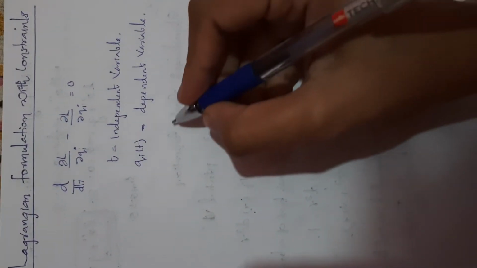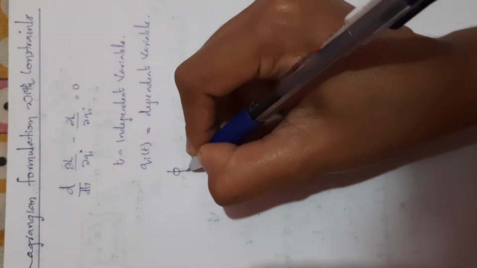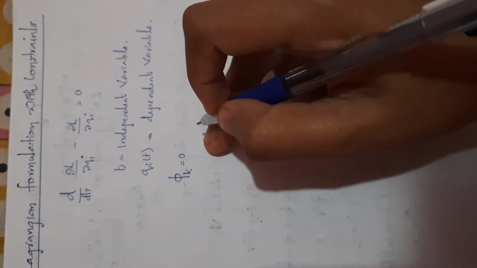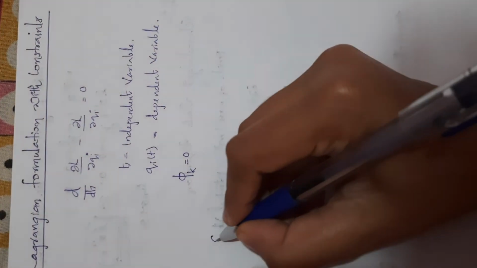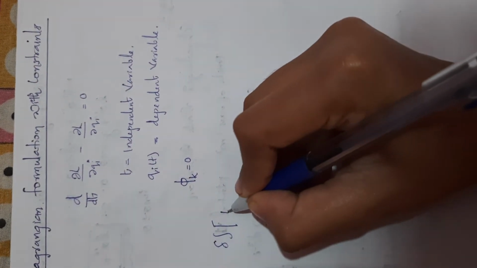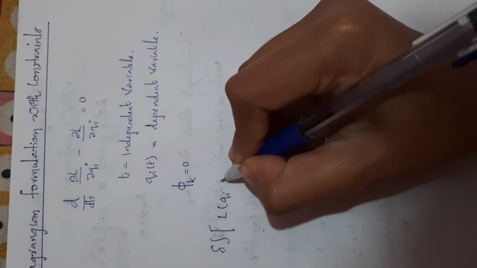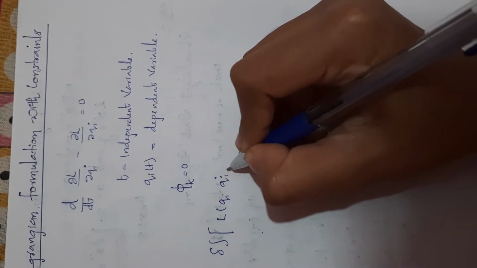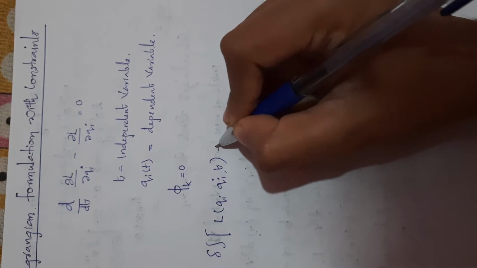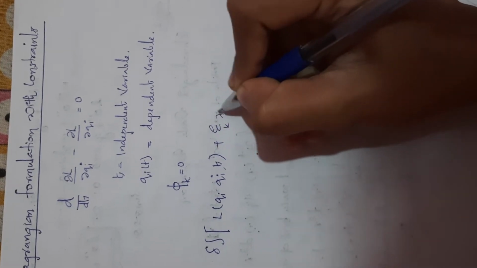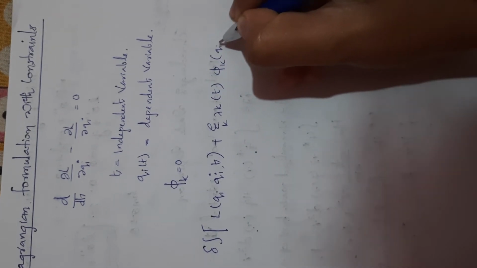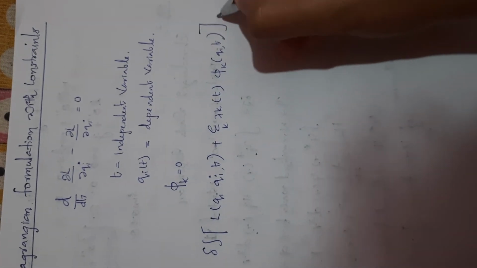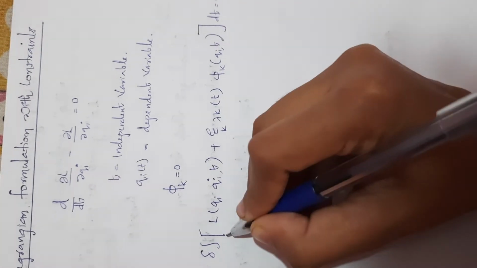Then, in the presence of a holonomic constraint, the equation of constraint can be written as phi k is equal to 0. We can write the Hamilton's principle: integral of L of Qi, Qi dot, t plus sum over k of lambda k of t phi k of Qi, t dt is equal to 0.